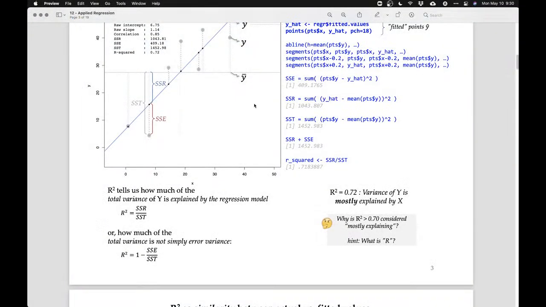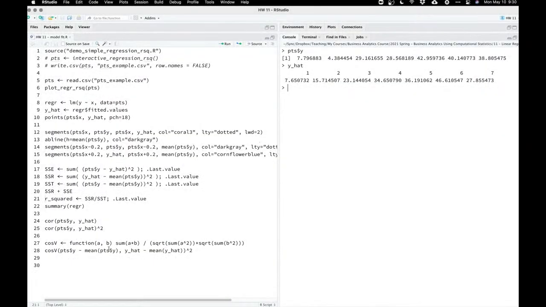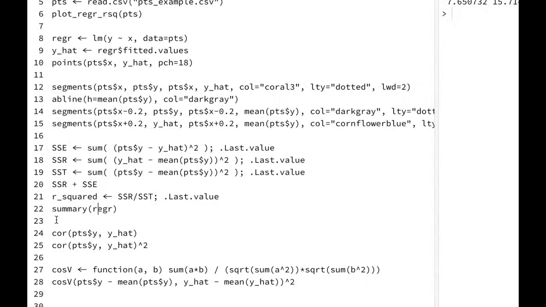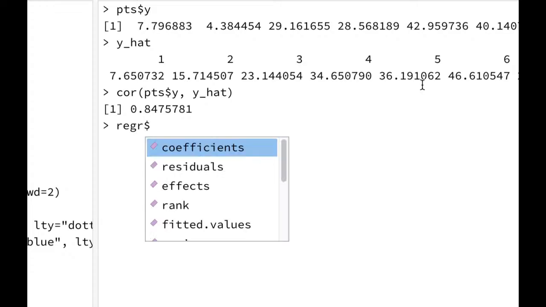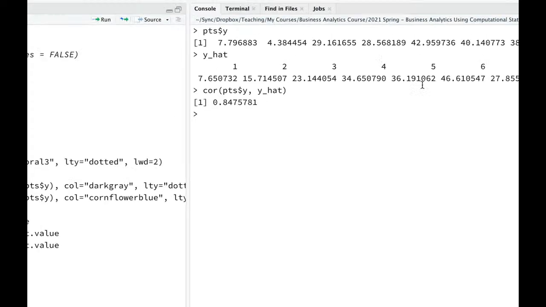All right, so let's do it that way. I'm going to simply ask for the correlation of Y and Y hat. I can do that, right? And that's not the R squared value. What was the R squared value? Anybody remember? It's in the regression, right?